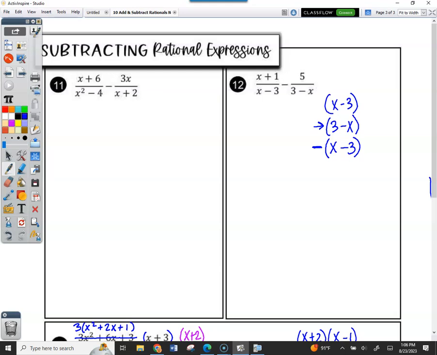It would now be an addition problem, and this would be x minus 3. I know, it's like magic. Don't worry about it for the test. When it happens again in the actual content, I'll say, here we go, there's a negative trick here.